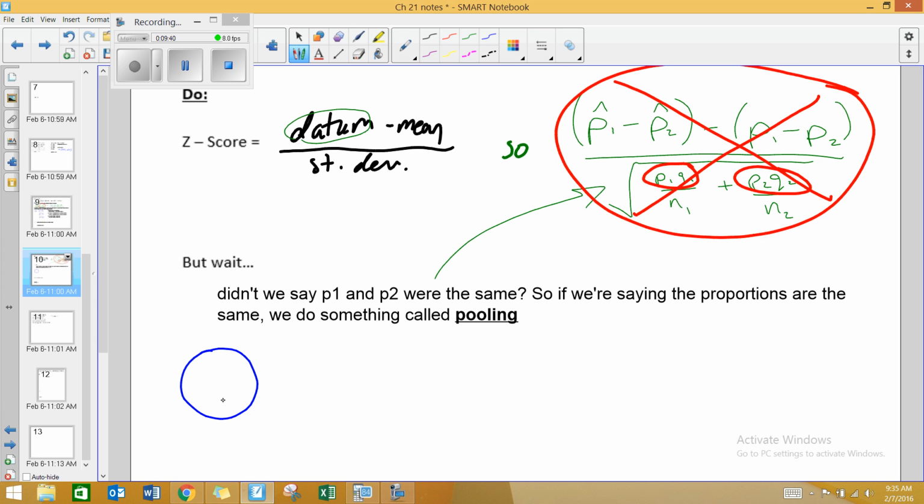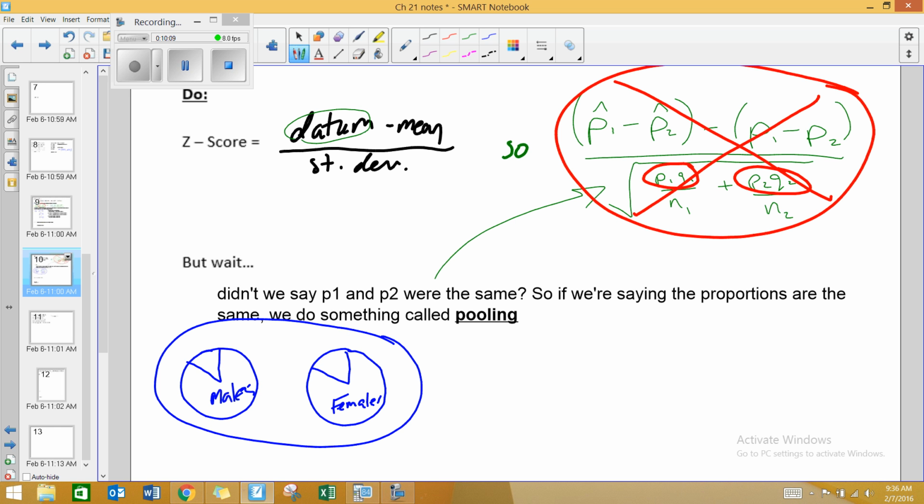Over here, I have males. And if I say that this proportion of them wear their seatbelts, well, my null hypothesis is that in a group of females, the proportion's the same. So I should see the same amount. And so what we do in pooling is we put them all together. And so now I'm just saying that that proportion of the whole group.